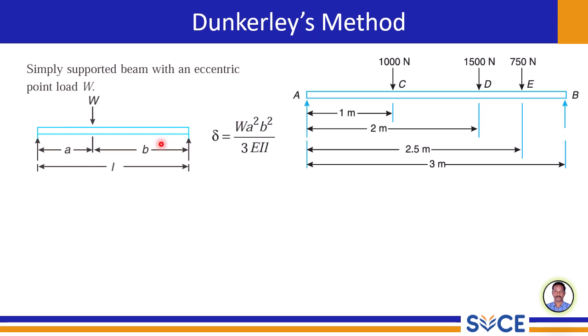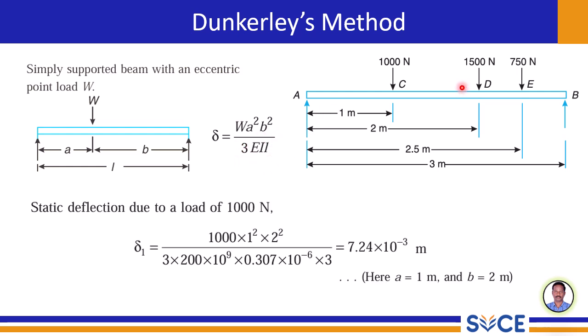So we have to substitute that in this formula. W equal to 1000, A equal to 1 meter, B equal to 2 meter. Young's modulus and moment of inertia are common for all the loads. Calculating, we are getting the static deflection value delta 1 as 7.24 into 10 power minus 3 meter.